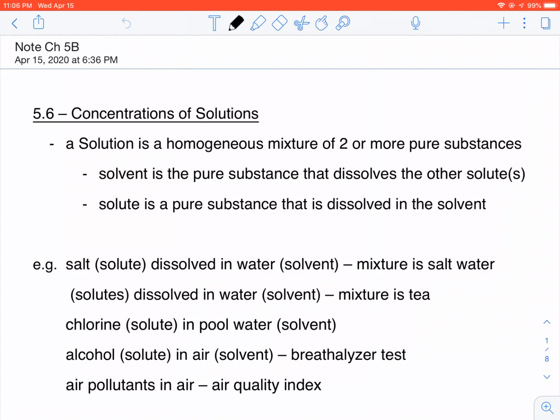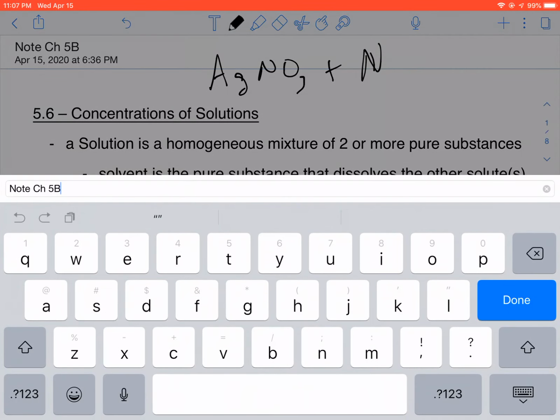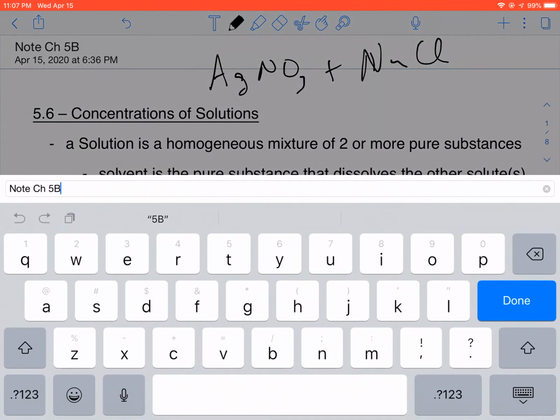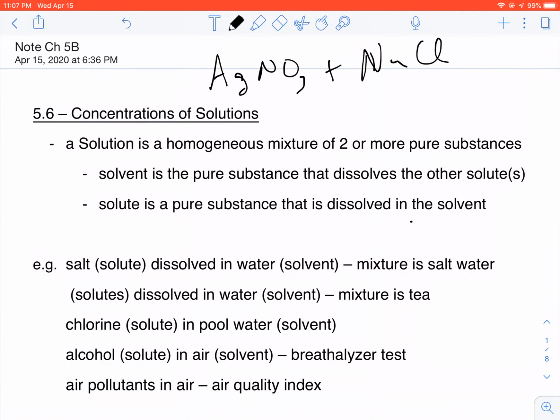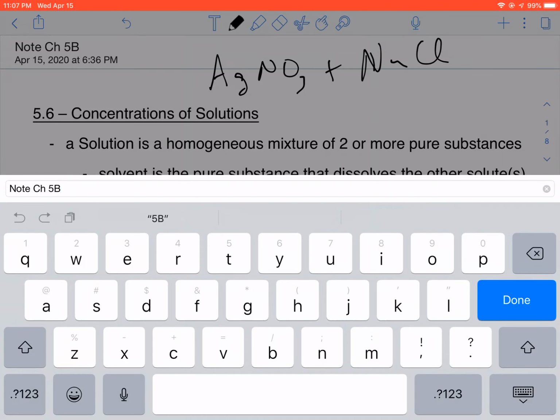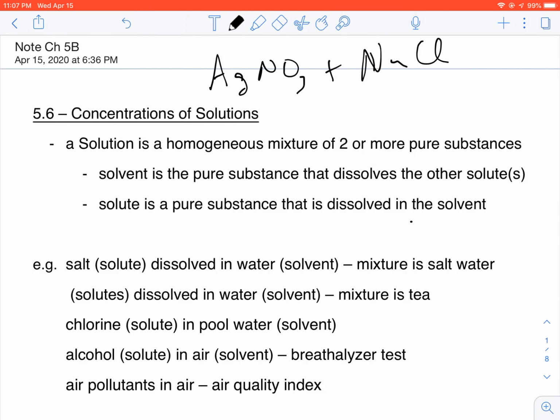Maybe it's, say, silver nitrate. So let's just say a reaction between silver nitrate and sodium chloride. My products would be silver chloride and sodium nitrate.